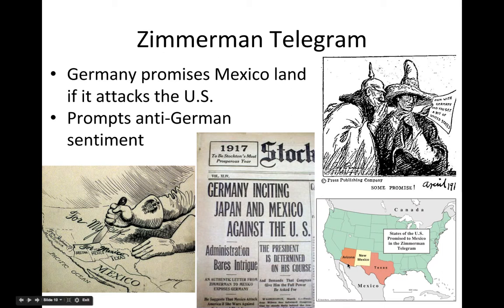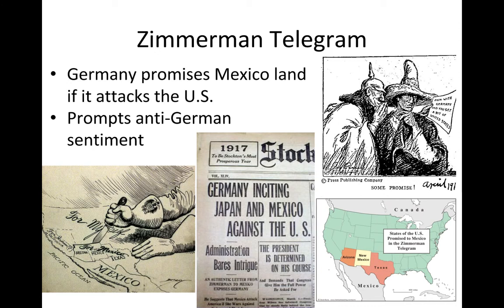So if you see here, the states of Arizona, New Mexico, and Texas were promised to go back to Mexico if they successfully attacked the U.S. So basically the Zimmerman telegram was a proposed German-Mexican alliance to obviously threaten the U.S., and it certainly works.